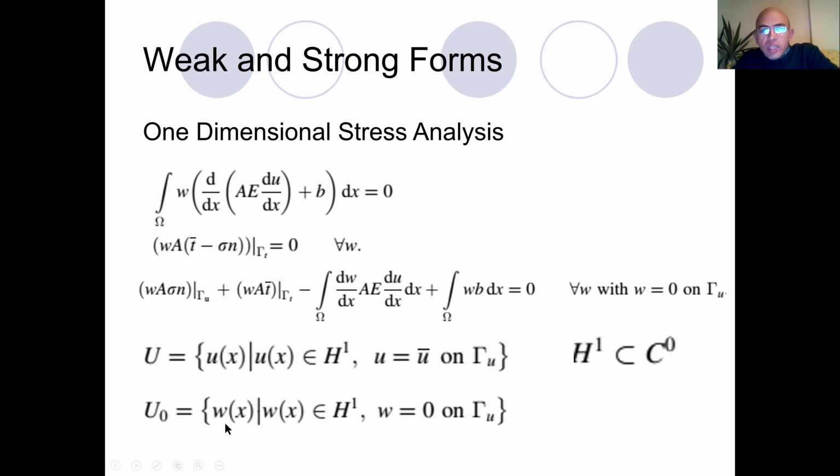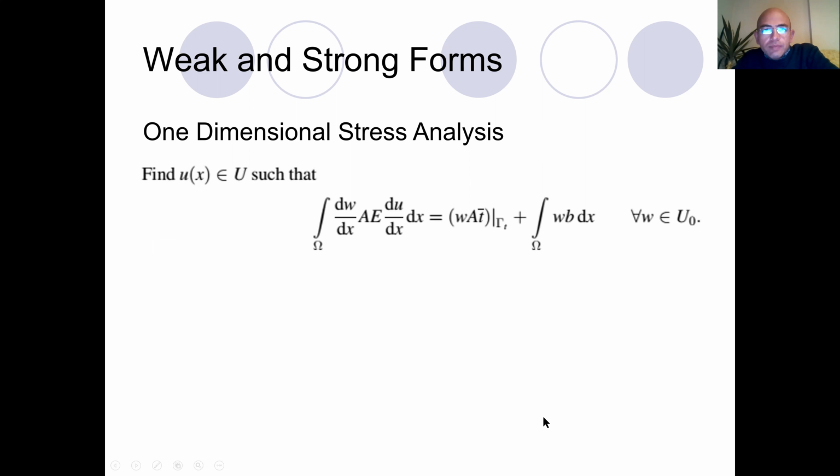Now we can define the weight function. So u is the trial solution here. W of x is again a member of the Hilbert space. W is 0 on essential boundaries or Dirichlet boundaries, the Dirichlet boundary condition.